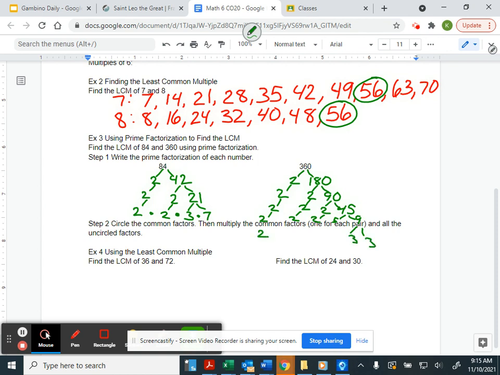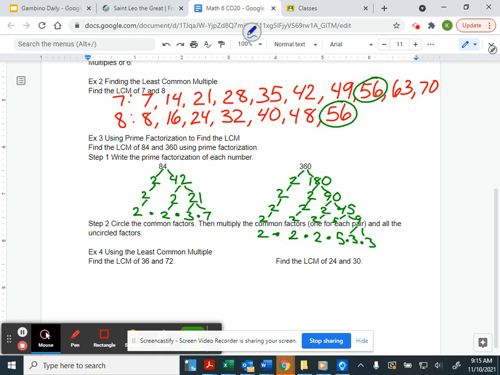So we end up with 2 times 2 times 2 times 5 times 3 times 3. Lots of primes for that one. You keep going all the way down until you get to just prime numbers.